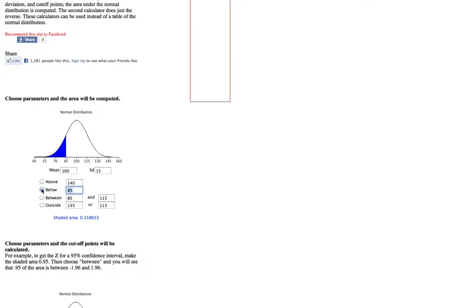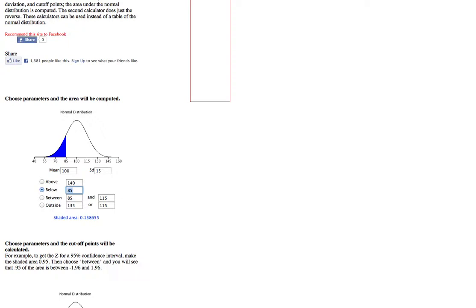If I wanted to look at the area below 85, which would be 1 standard deviation below the mean, subtract 15 from 100, and that tells us that about 16% of the population have IQs below 85.